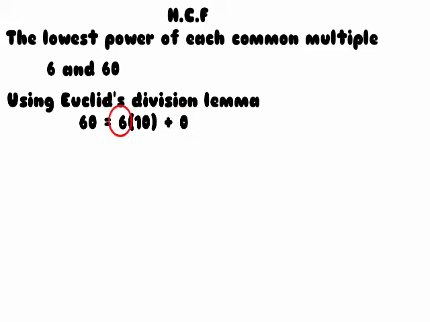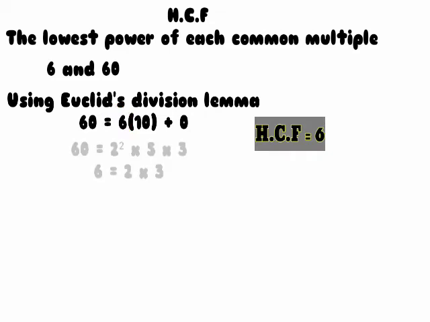So 6 is the highest common factor between them, as it is the divisor. If we obtain prime factors of both using the fundamental theorem of arithmetic, then 60 will be equal to 3 into 5 times 2 squared, and 6 will be factorized as 2 into 3.